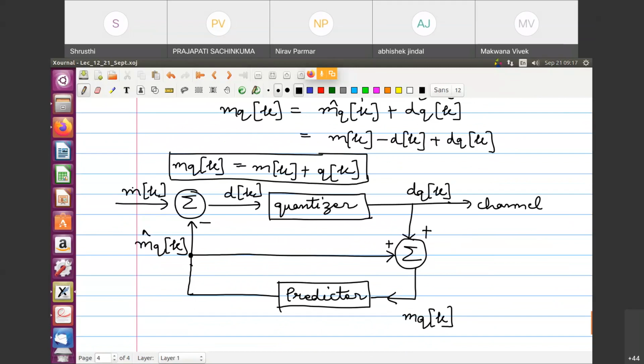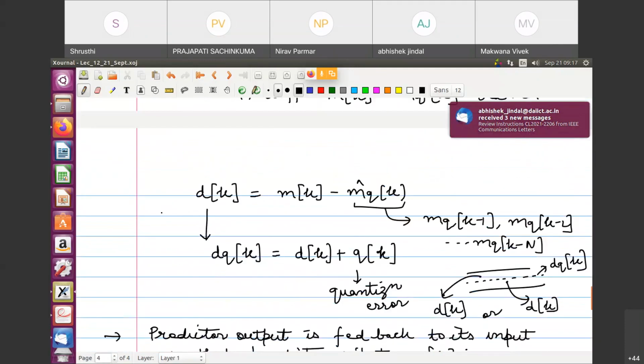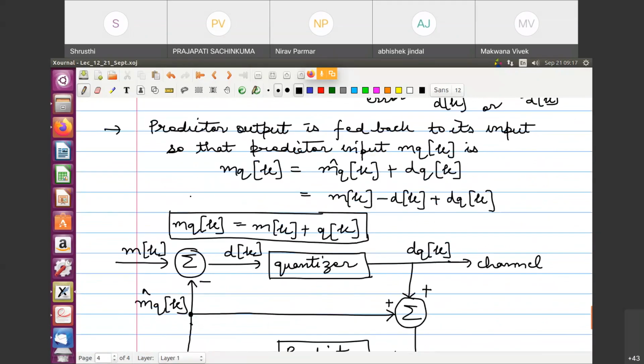Now, there is one thing: mqk, you can say, is the quantized value of mk. Okay? See, this is not the case, because this q of k is the quantization noise of d of k, okay, dqk. So you can say that this MQK is some sort of a quantized value, which is basically not generated because of M of k.